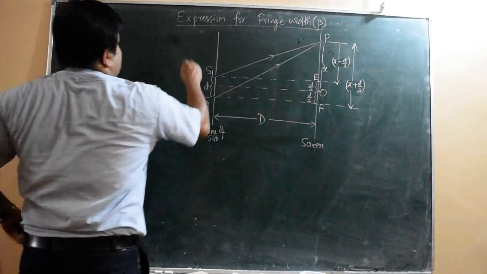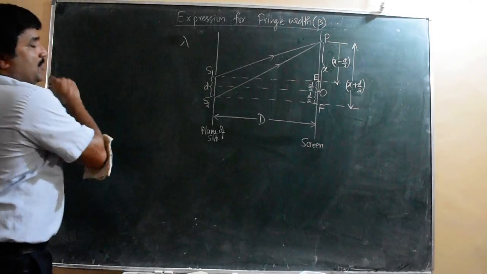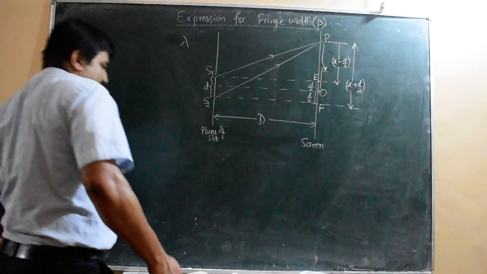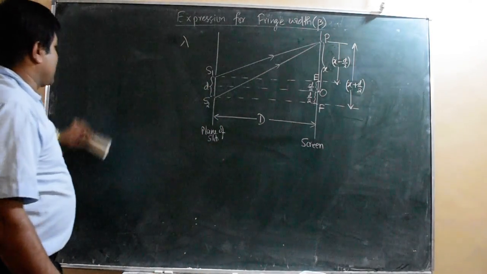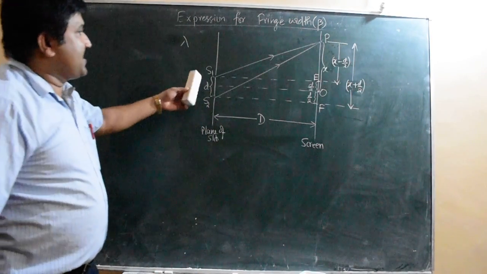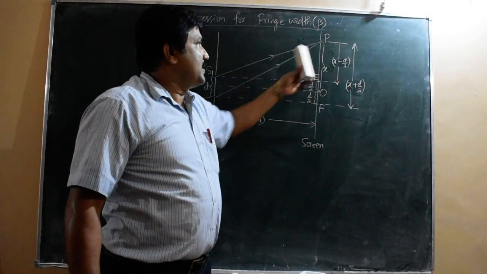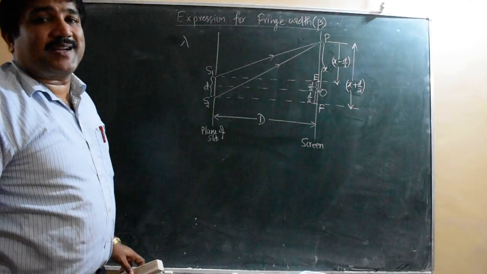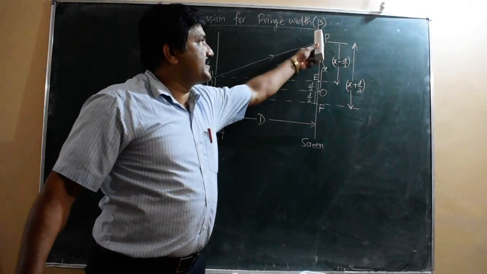Light of wavelength lambda is incident on the two slits. Now in the figure we can see S1EP is a right angle triangle.